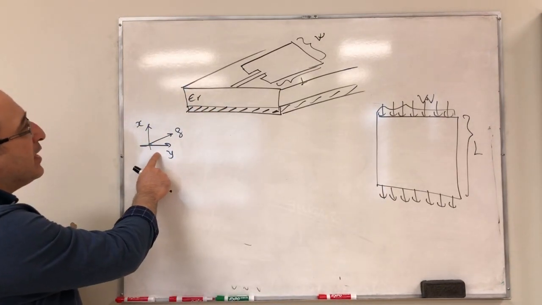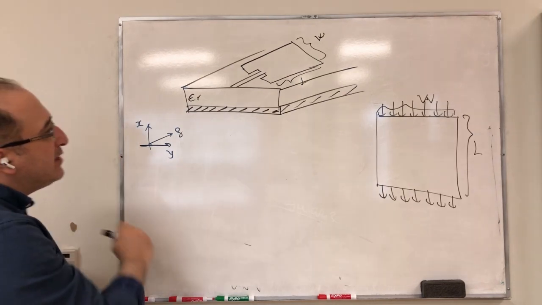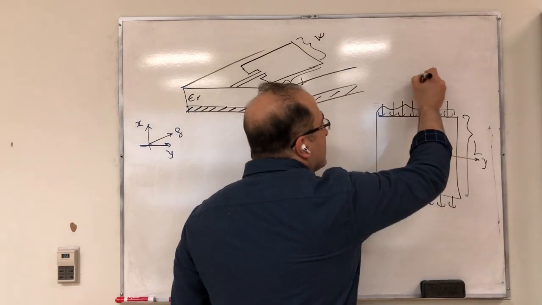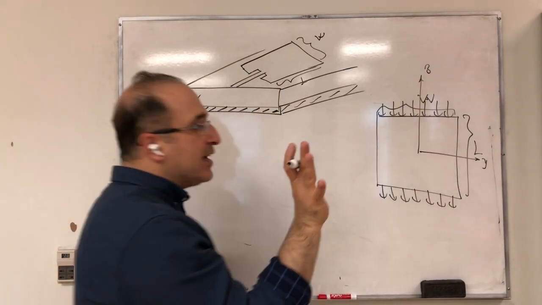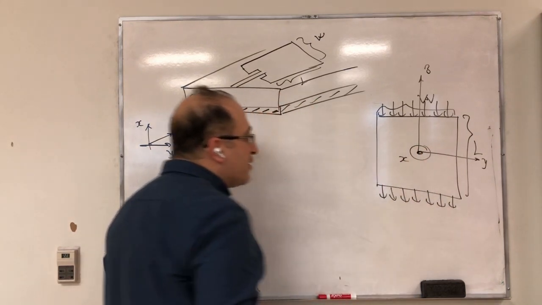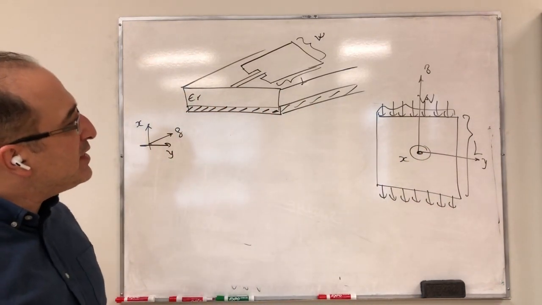Based on the way that we identify this, this is Y, this is Z, and X would be outside from the surface.